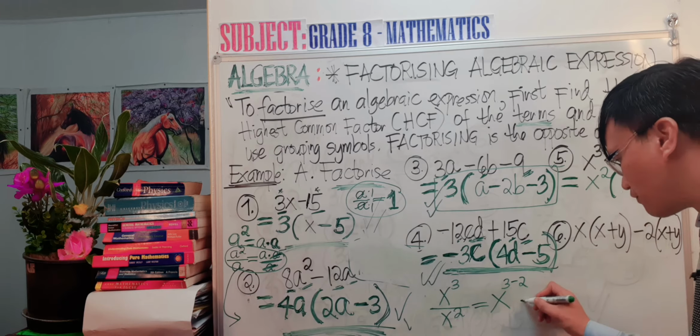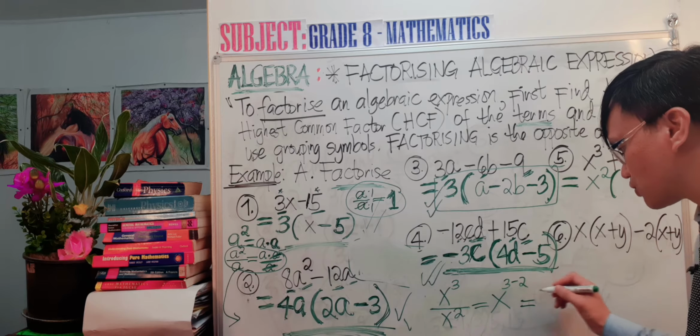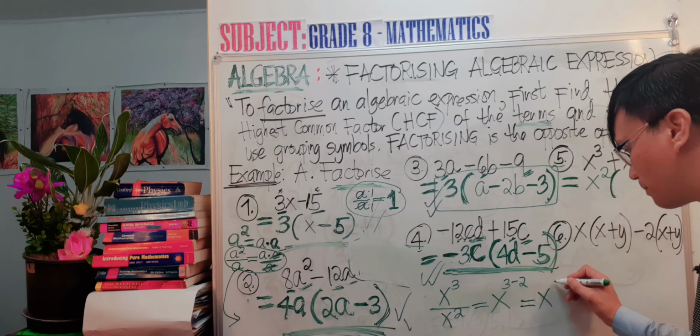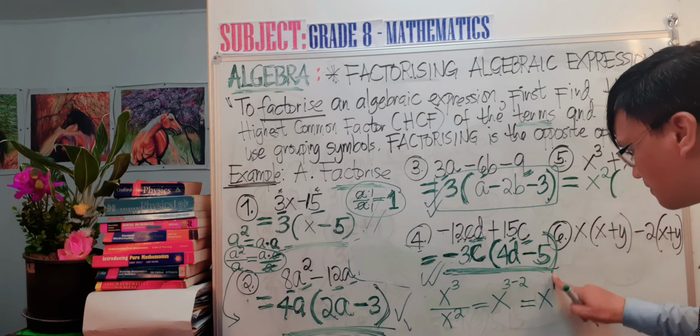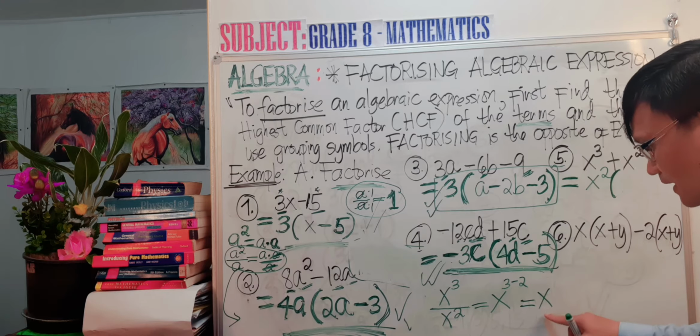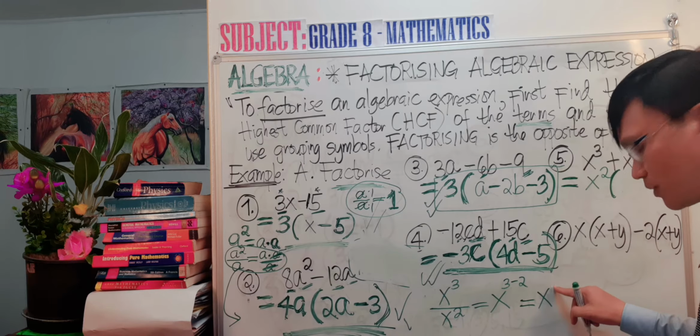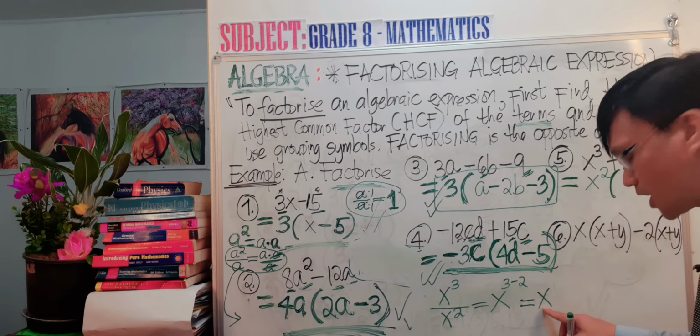So now our final and correct answer is x to the power of 3 minus 2, which is equal to x to the power of 1, or simply x. Why? Because a variable is understood to have a power of 1 when it stands alone.